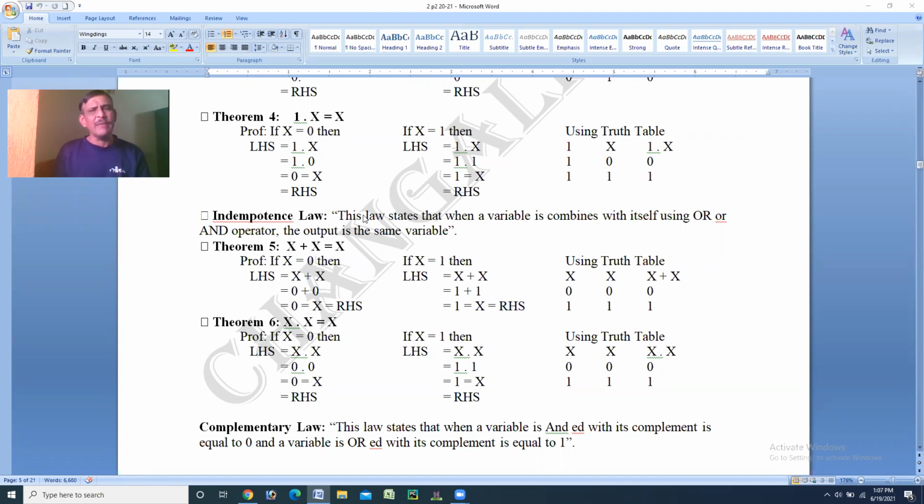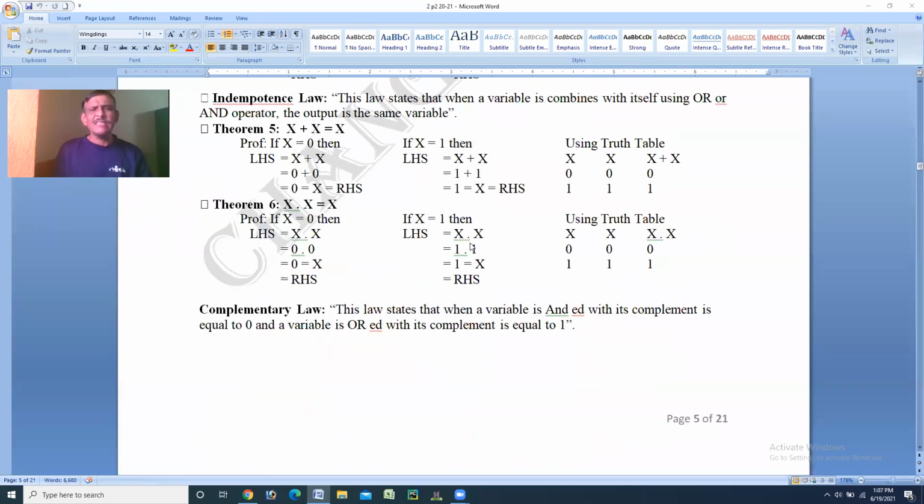Suppose x is a variable, then take x complement. Once you perform logical multiplication, you get the result as 0. Then take x and x complement and perform the logical addition operation, then the result will be 1. This is the statement of the complementary law.